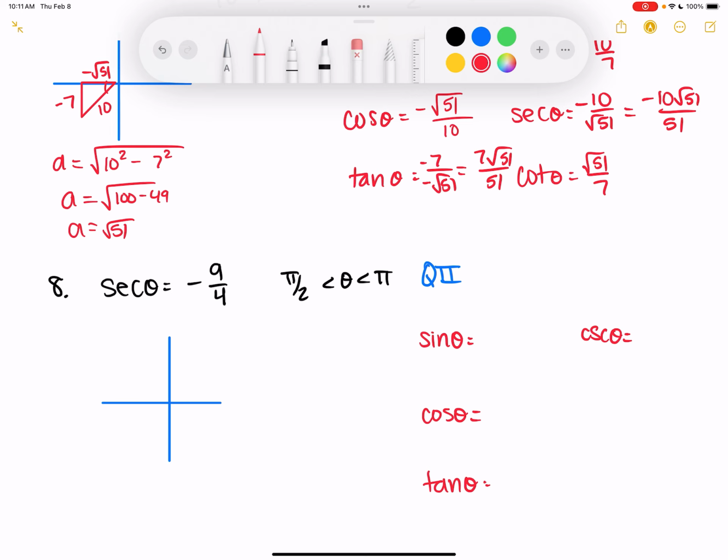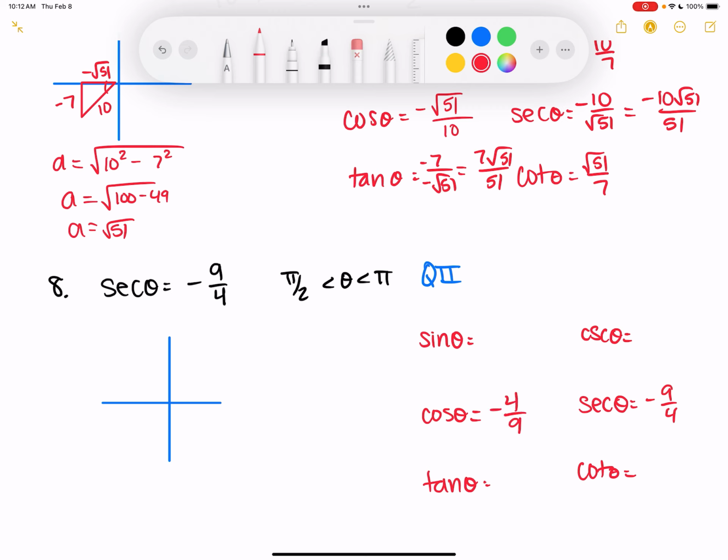Cosine? So secant was negative 9 over 4, so cosine is what? Yep.